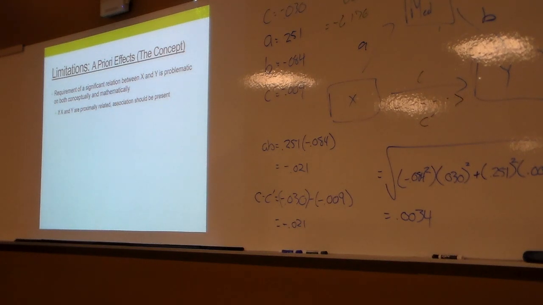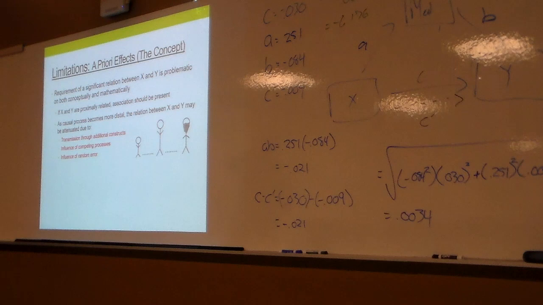But as our assessments become farther and farther apart, we can start to see the relation between X and Y become attenuated due to a lot of different things, right? Even if X and Y do hold a relation, the more time there is between those assessments, the more time there is for other stuff to go in and influence that relation.